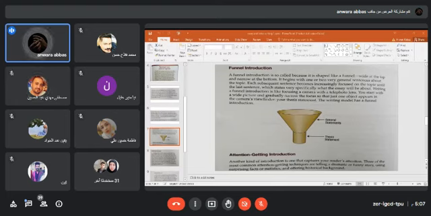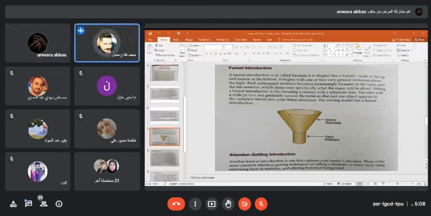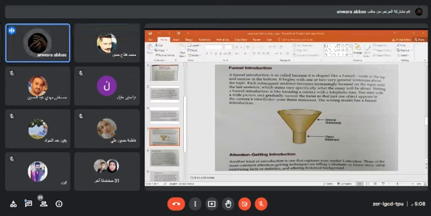So why do we call it the funnel introduction? Because the author starts his writing from a wide sense and then narrows it down. That means the topic is wide at the top and narrow at the bottom, as we saw in the previous paragraph, like the shape of a funnel.